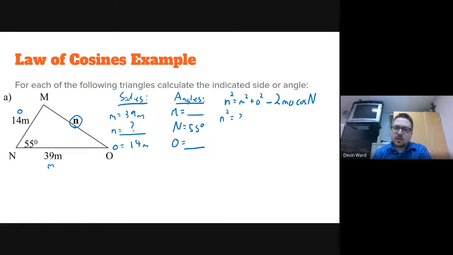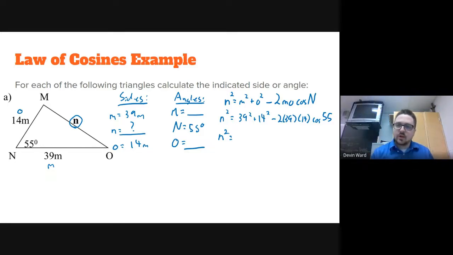So n squared equals 39 squared plus 14 squared minus 2 times 39 times 14 times cosine of 55. My calculator's not handy, I should have been better prepared. 39 squared equals 1521.